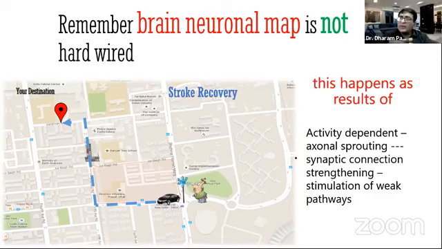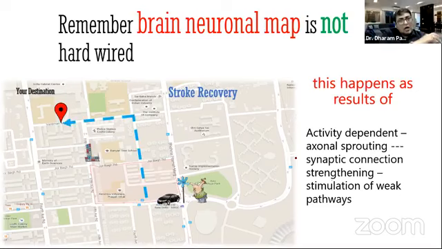It is as simple as understanding that if there is a road closed, if there is a crisis and you can't go by that road, you try to find another way to reach your office, your clinic, your hospital, or wherever you want to go. Maybe it is a shorter way, maybe it is a longer way.